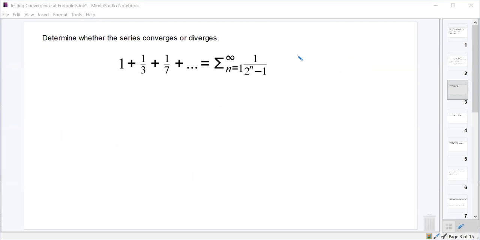What about this one? 1 plus a third plus a seventh and so on. 1 over 2 to the n minus 1 from n equals 1 to infinity. What do you think we should compare this one to? Well, first off, does this have all positive terms forever?